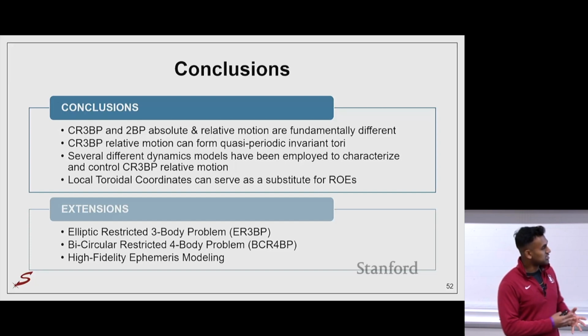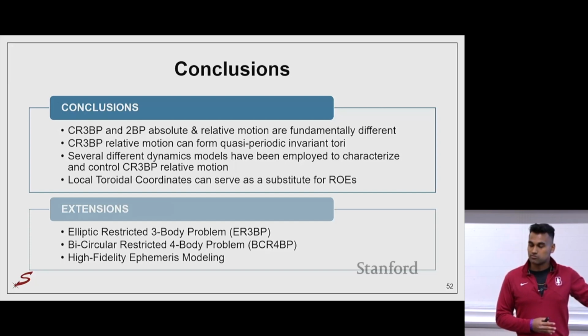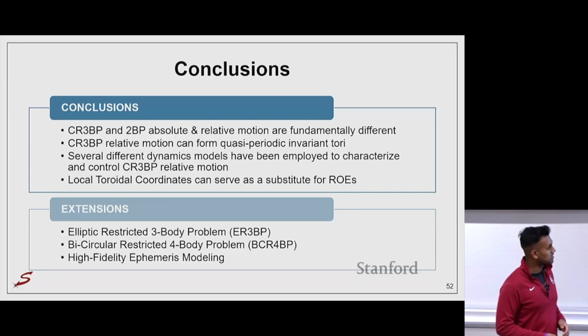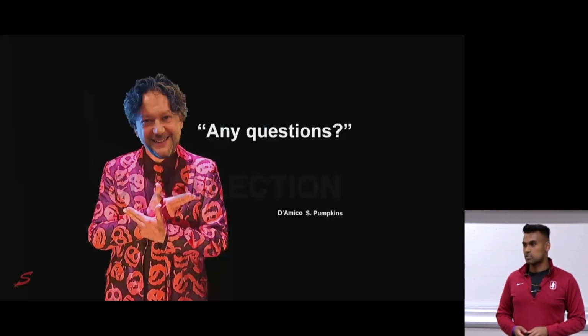So the point is that research into relative dynamics, not just research, but work and actual implementation on relative dynamics in the three-body problem doesn't stop just with the circular restricted three-body problem. There's a lot more steps to go, and that's what we're continuing to work on. So that concludes the lecture, and I'll take any questions now.